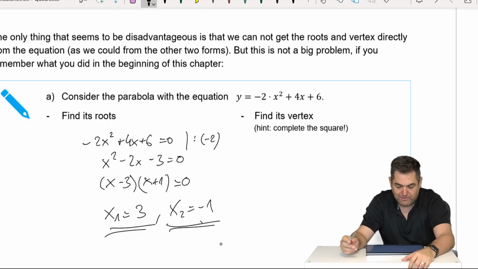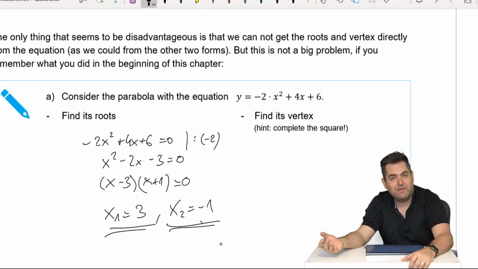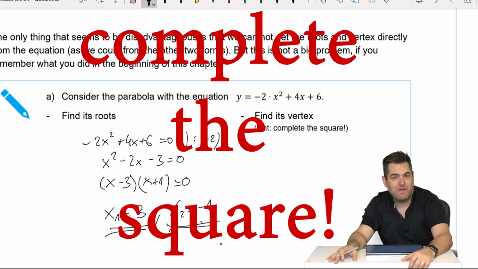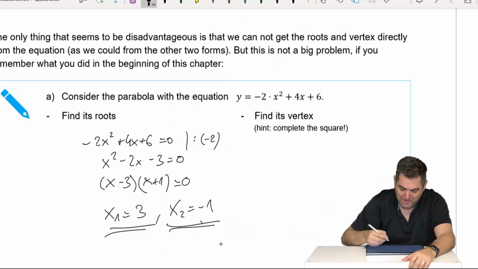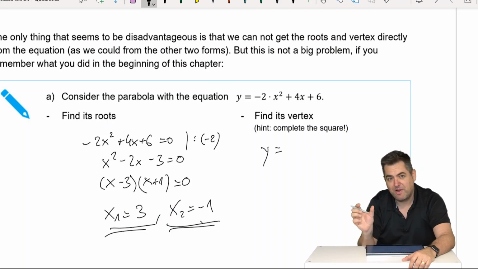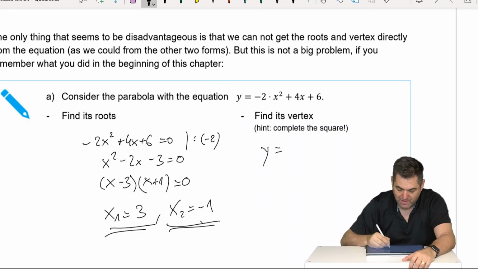To get the vertex, you have to use a technique that I showed you in the beginning of this chapter, if you remember, the completing the square. First, we need to get rid of this -2. To complete the square, you should have just x squared. So I'll factor out -2 here.